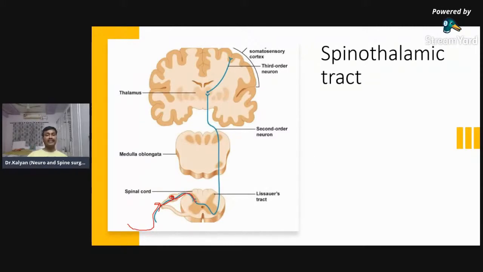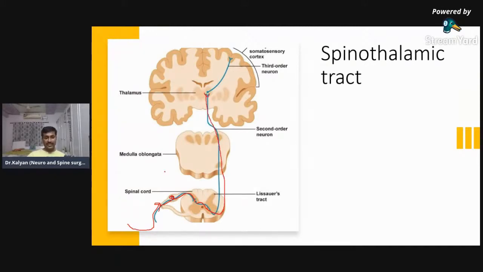Then through the dorsal horn, they enter the gray column. Here the second order neuron starts and crosses to the opposite side. This is very important: decussation of the spinothalamic tract occurs in the spinal cord. Then they reach through the spinal cord and the brainstem, and synapse in the thalamus.